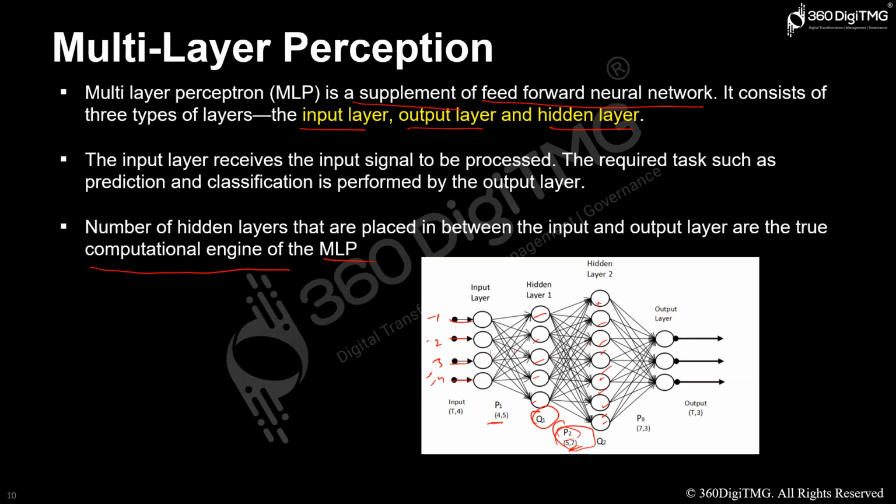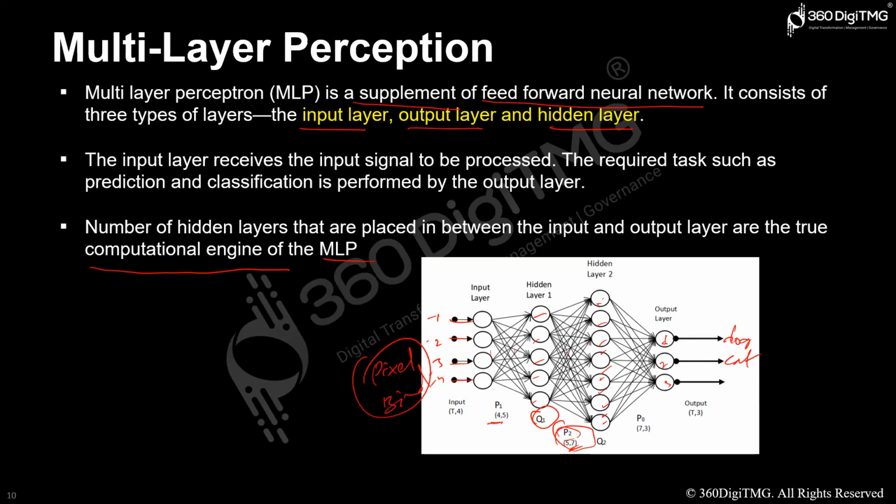Again, from this 7, Q2, it reduces the data to 3. 7, 3. And the output would be 3 types. As we saw, if the pixels of an image of a bird are sent, we might get the output dog, cat, bird.